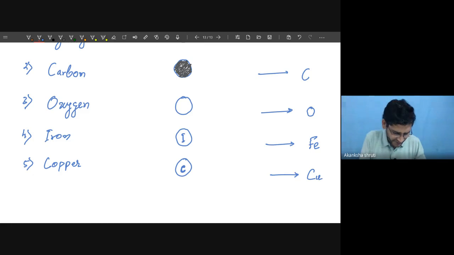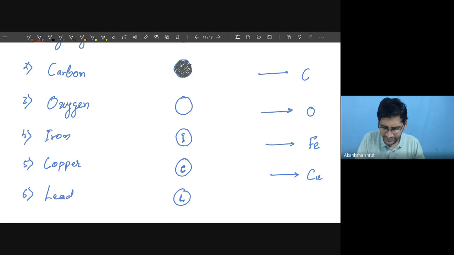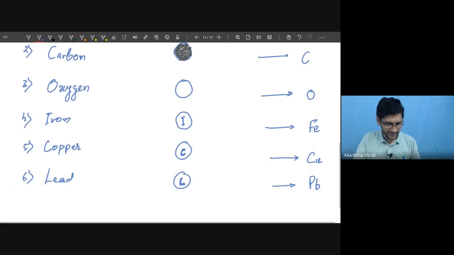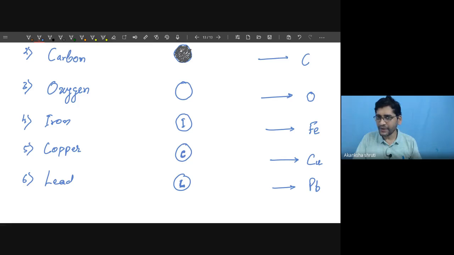Let us write a few more. The sixth is lead. Lead is denoted by a circle, and inside this circle L has to be written. Nowadays it is denoted by Pb. Why Pb? The Latin name of lead is plumbum, so it is denoted as Pb.